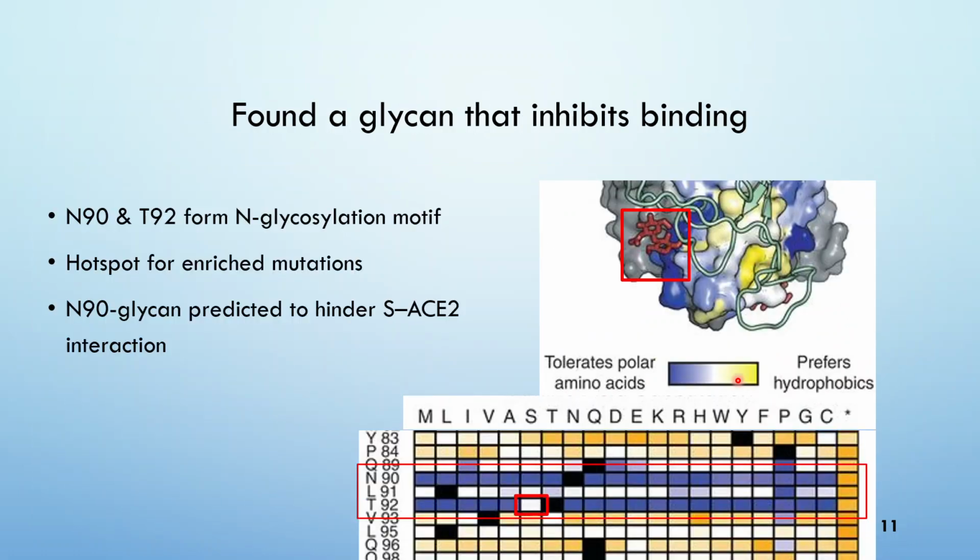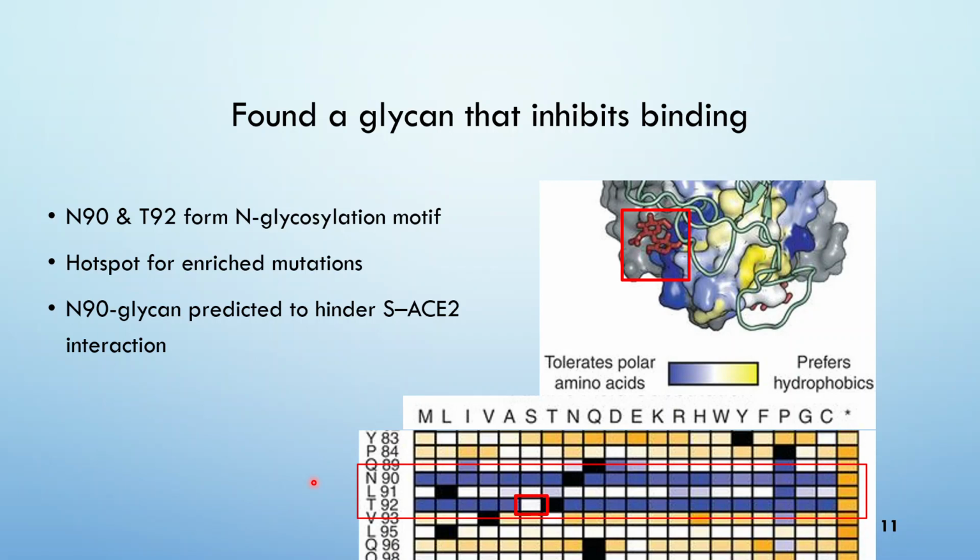Then they also realized that there's this dark blue spot, and it's actually two amino acids that allows for glycosylation of the ACE2 protein. And they find that with mutations, this glycan group cannot bind, glycosylation cannot occur, and without this glycan group, spike protein binding is much more improved.